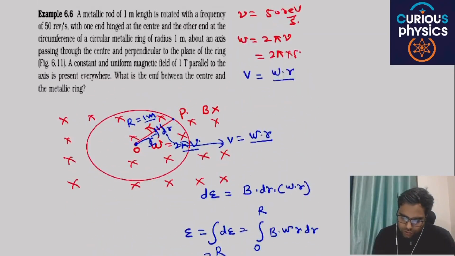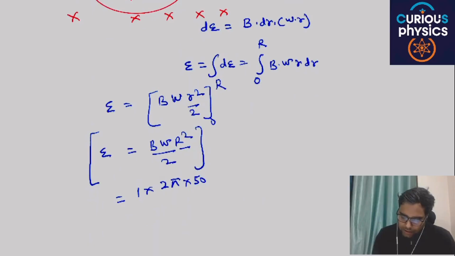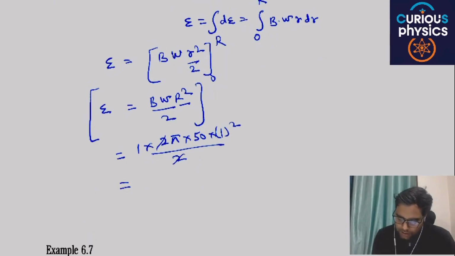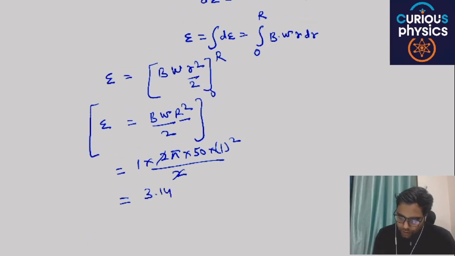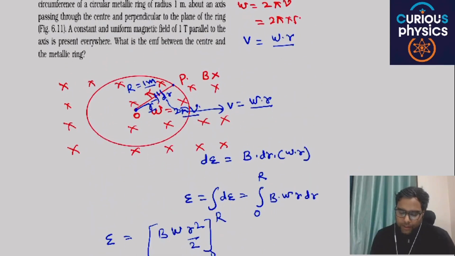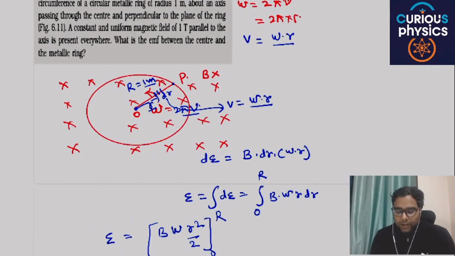R is also 1, so 1 square divided by 2. The 2 and 2 cancel, and 3.14 into 50 is approximately 150 volt.